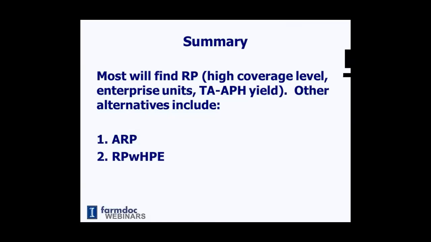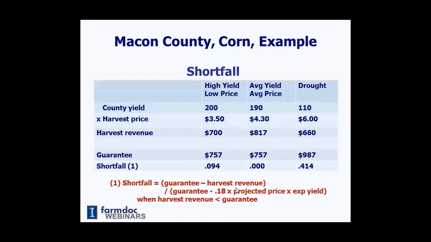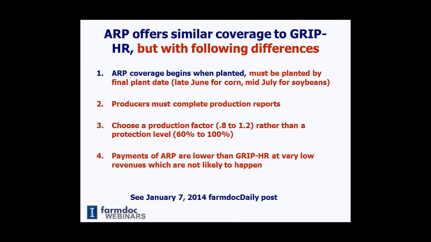Another question. I heard there is a maximum payment for ARP, and yes, that is true. There is a maximum for ARP payment, and that is why, if you go back to what I was saying here, I just put the differences between ARP and GRIP HR. Payments of ARP are lower than GRIP HR at very low revenues. That happens because there is that maximum payment on ARP.